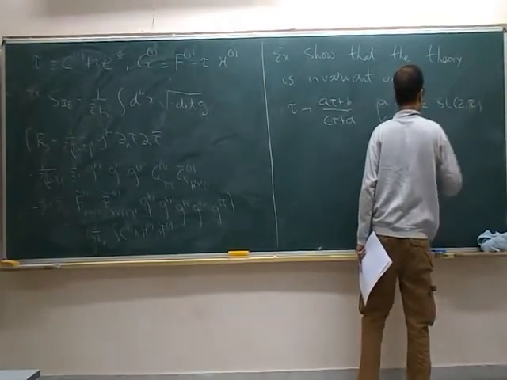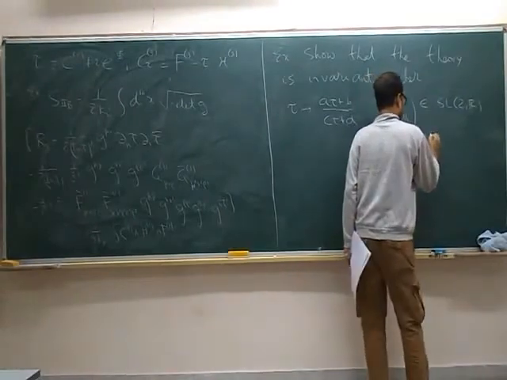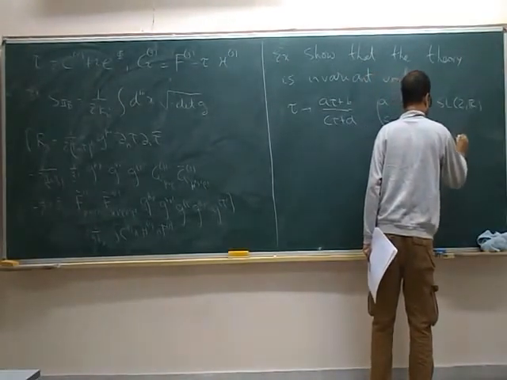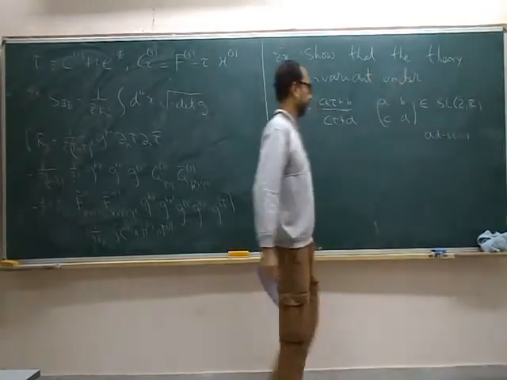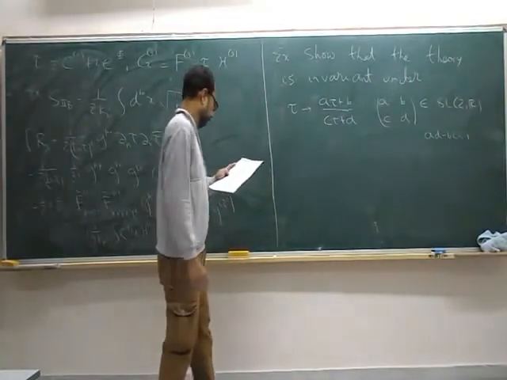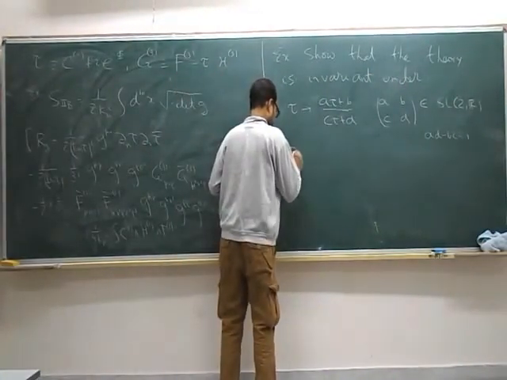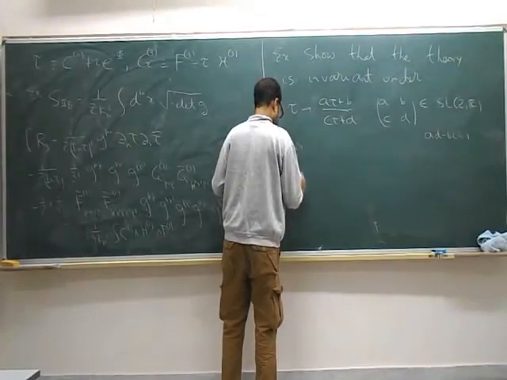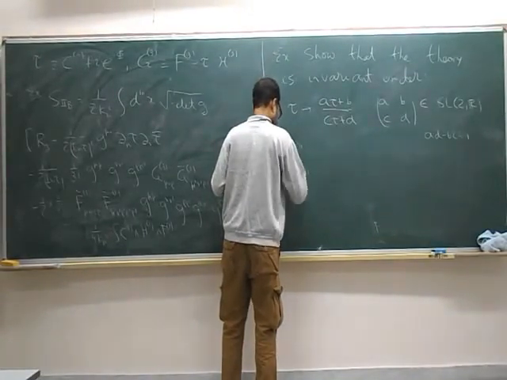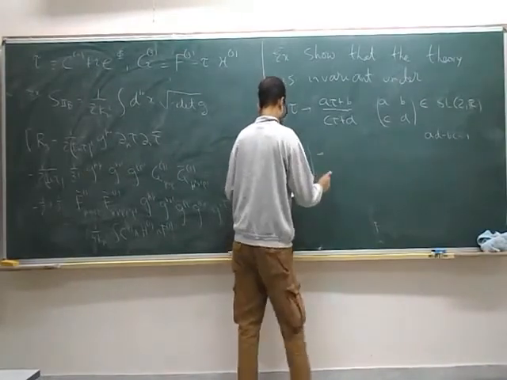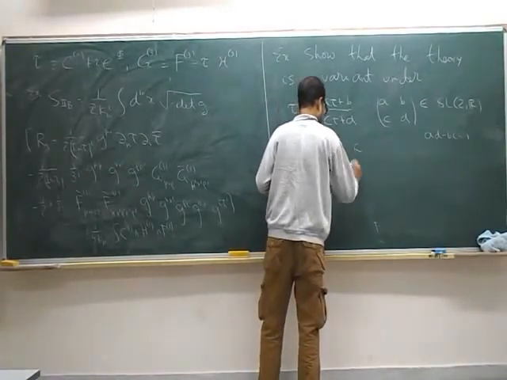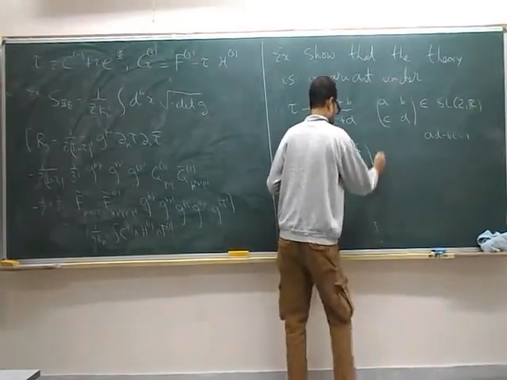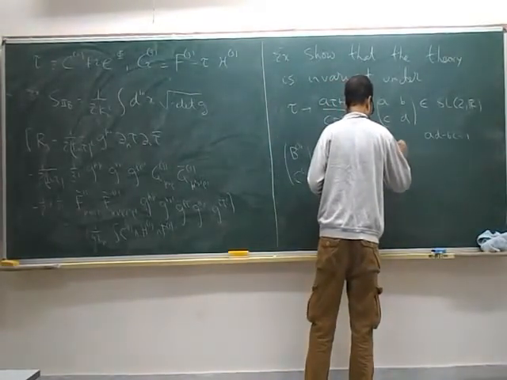So SL(2,R) basically means that we have the condition that AD minus BC equals 1 on this matrix. Okay, so then we also transform the two-form fields B2 and C2 by the same matrix acting on C2.